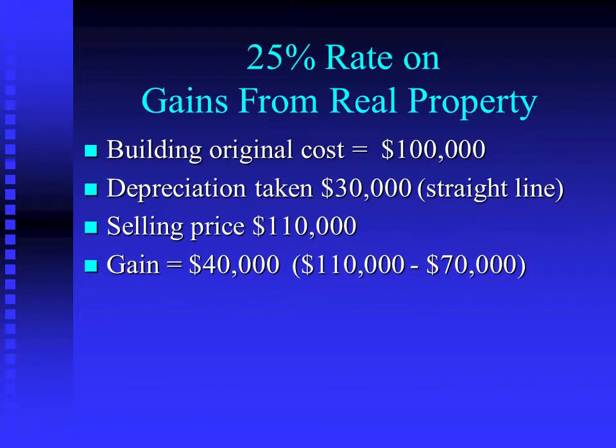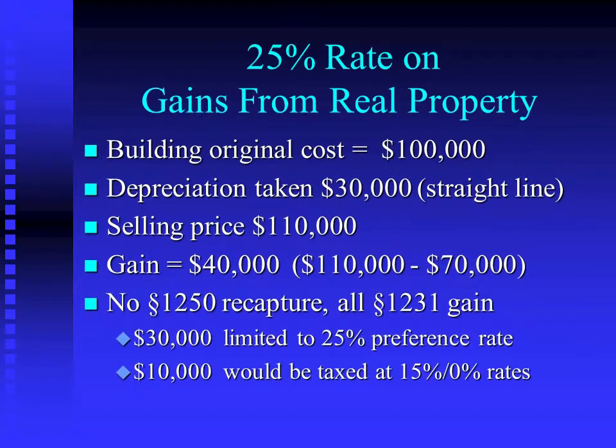So our actual adjusted basis is only $70,000 because 100 minus 30. So our full gain is 40. So this time our gain in total is larger than the straight line depreciation that we took. And so the 30,000 will be at the 25% tax rate. The remaining gain would be taxed at the 15/0 rate.